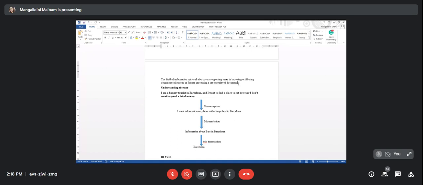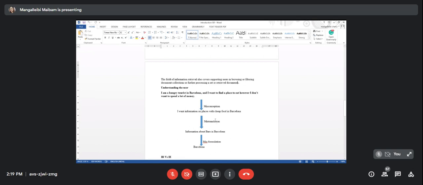What the user wants to retrieve is very important to identify initially. Suppose you misunderstand the user and he wants to retrieve something, and you don't understand the user properly, then irrelevant information will be retrieved.